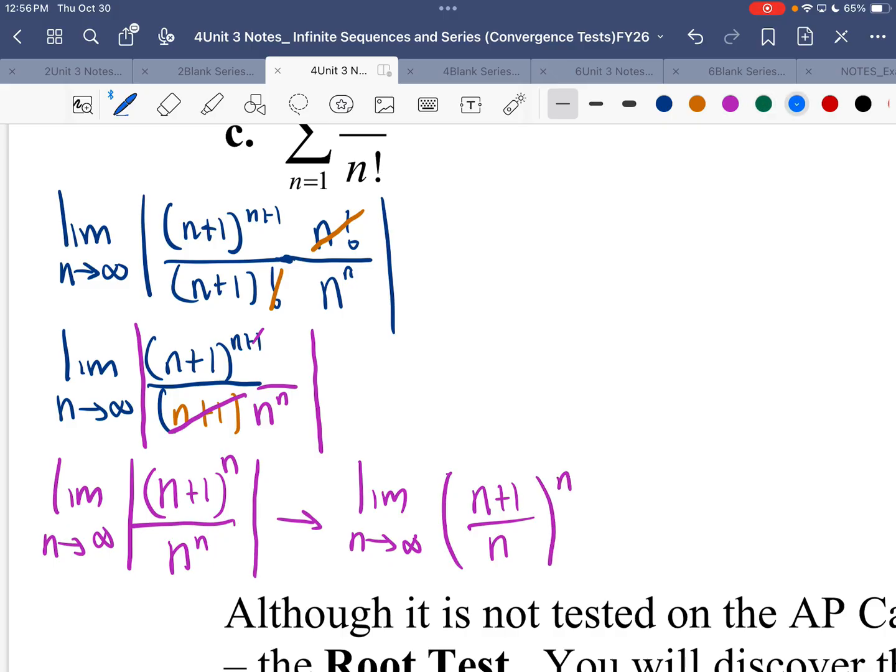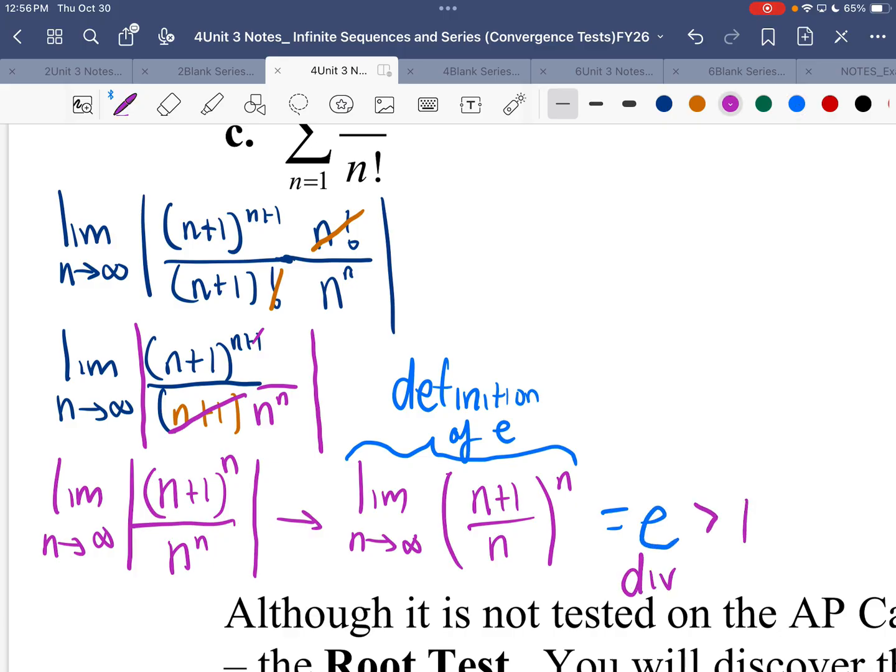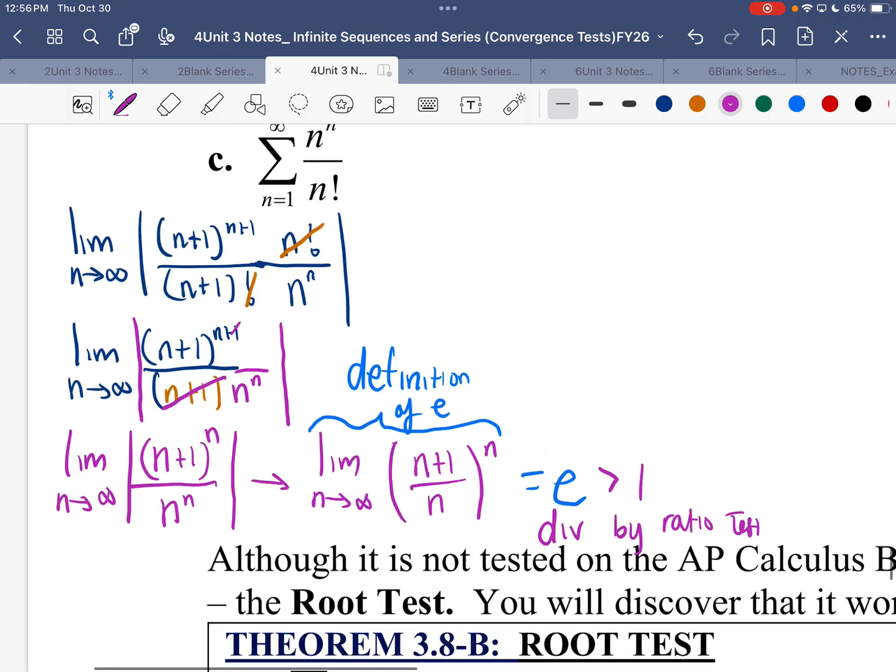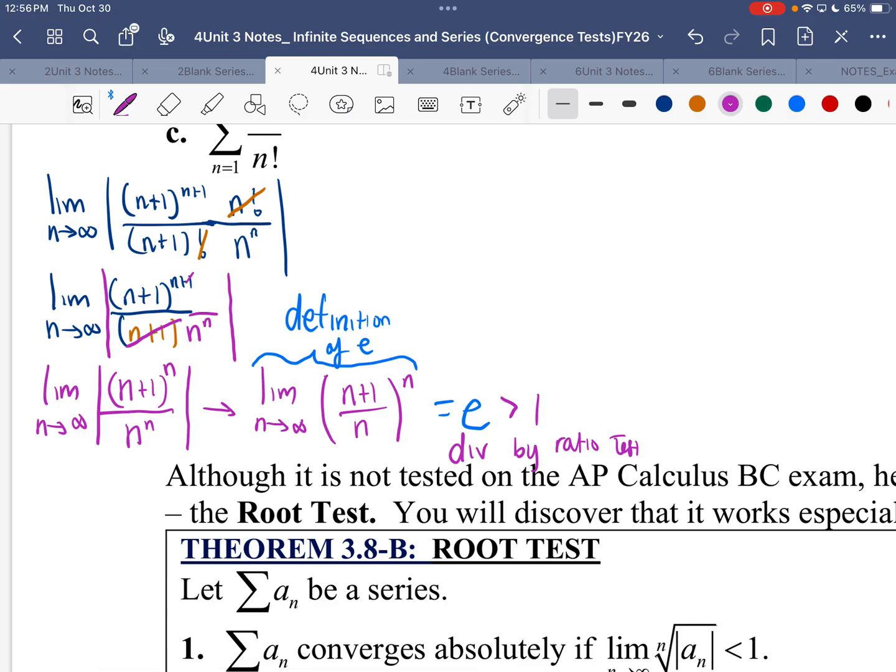And fun fact, this is the definition of E. So this equals E, yay, which is bigger than 1, so diverges by ratio test. I don't expect you to know this one. This is one that I would do the root test with.